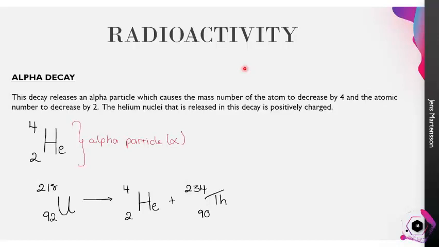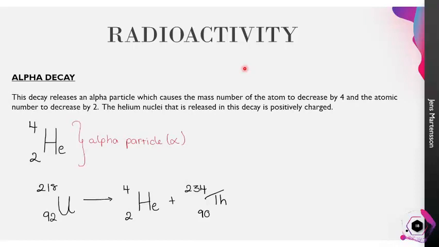So, alpha decay. Alpha decay refers to the alpha particle which is released, and the alpha particle, when released, causes the mass number of the atom to decrease by 4 and the atomic number to decrease by 2.